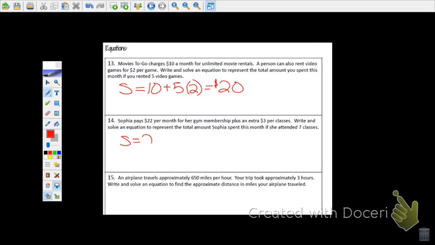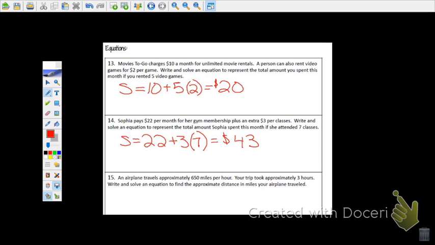So she pays $22 plus $3 for every class she attended 7. 3 times 7 is 21, plus 22 is $43.